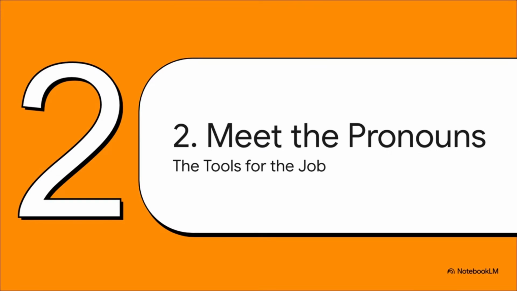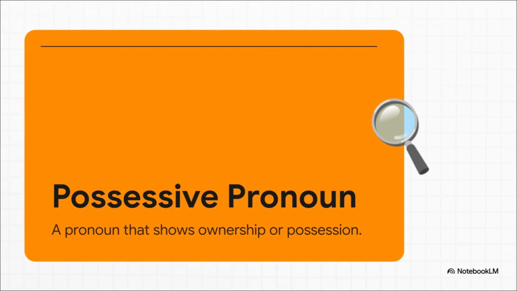Okay, so what are these magical tools I'm talking about? Well, it's time to meet the stars of today's show, the possessive pronouns. So if you want the official textbook definition, here it is. A possessive pronoun is just a word that jumps in for a noun to show who owns something.